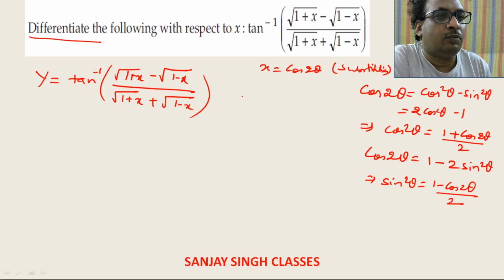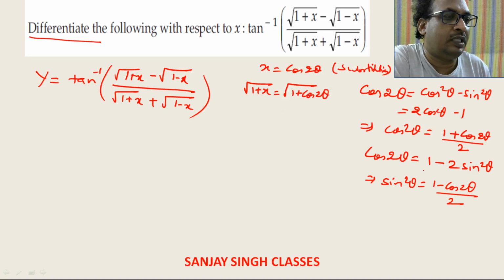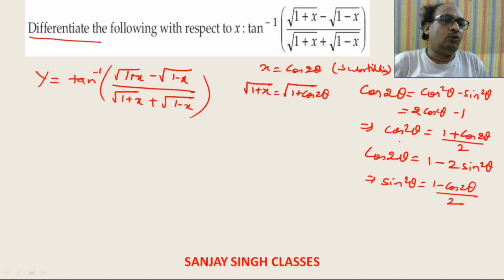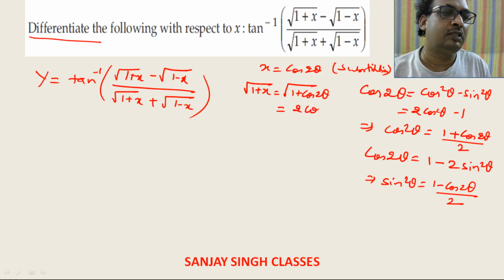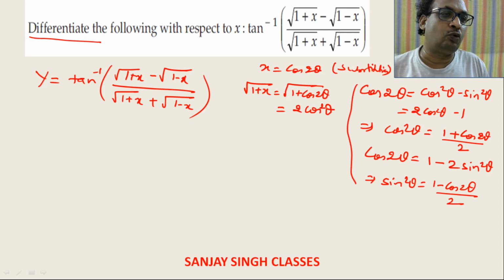By substituting, for root 1 plus x we get root 1 plus cos 2 theta. 1 plus cos 2 theta is equal to twice cos square theta, so inside we have 2 cos square theta, and it becomes root 2 cos theta.